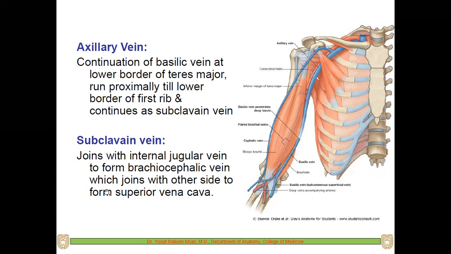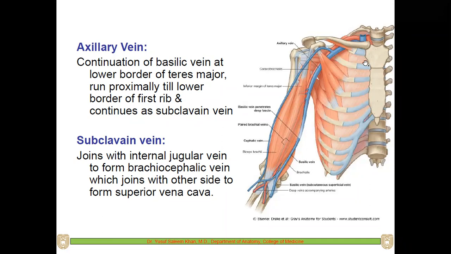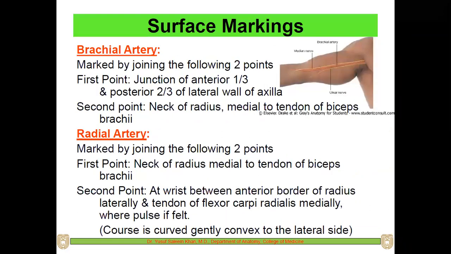Then the brachiocephalic vein of one side joins with the other side to form the superior vena cava. So here will be the brachiocephalic vein of the right side, and it will join with the left side brachiocephalic vein to form the superior vena cava, which then drains into the right atrium of the heart. So this is the whole course of these veins.